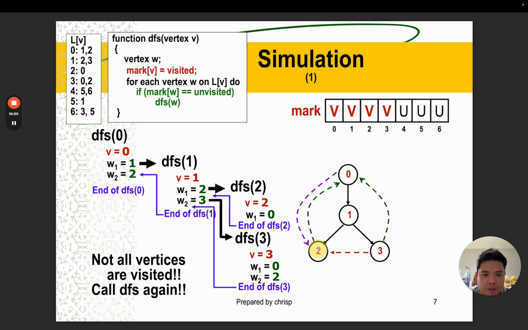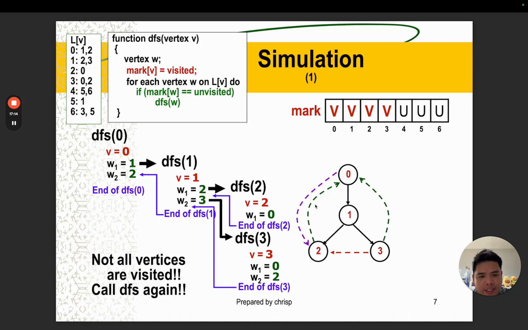From DFS 2, I'm going to check my adjacent elements. There is a 0. Is 0 already visited? Yes, it is. So, rather than just saying, okay, don't do anything, I drew an arrow from 2 going to 0, because 0 is already visited.